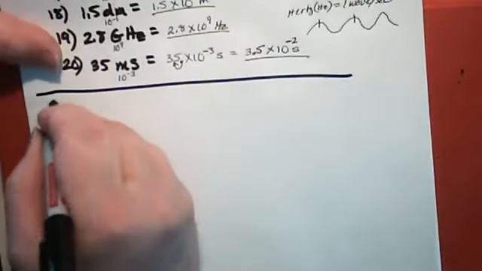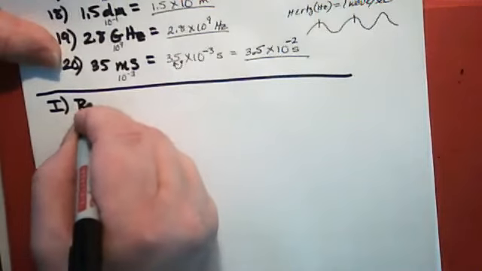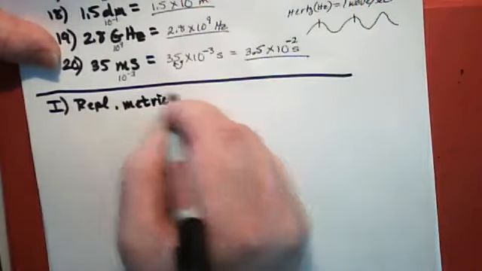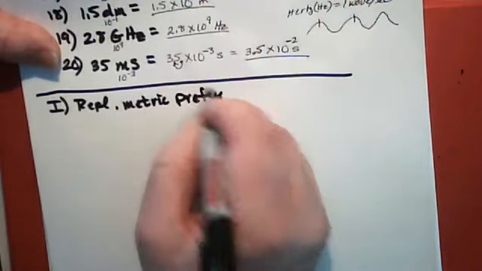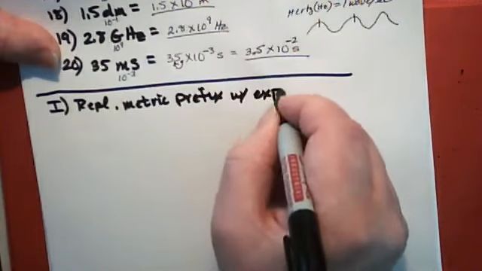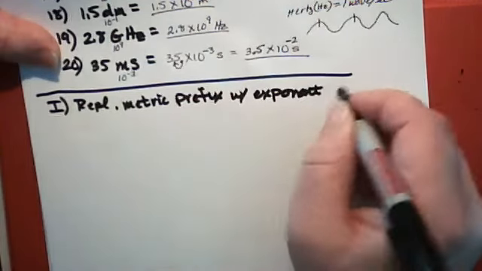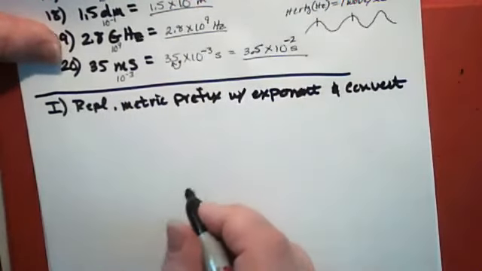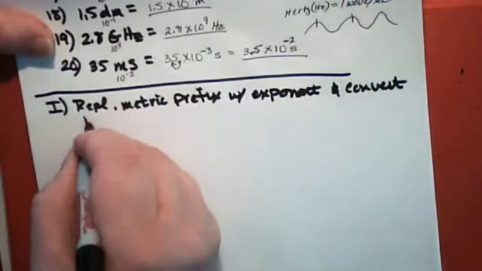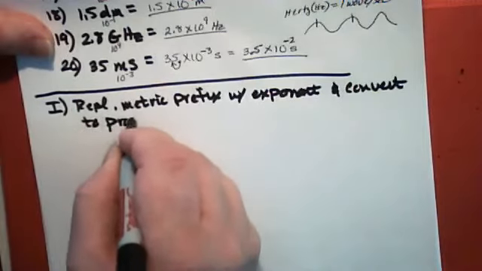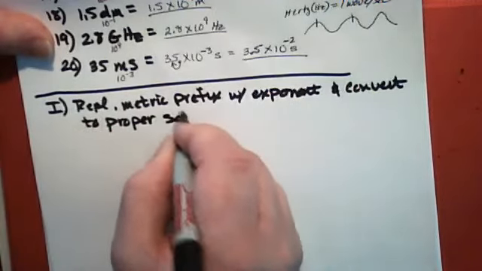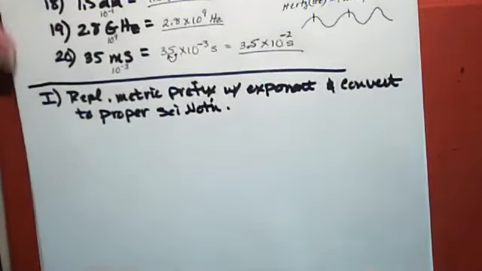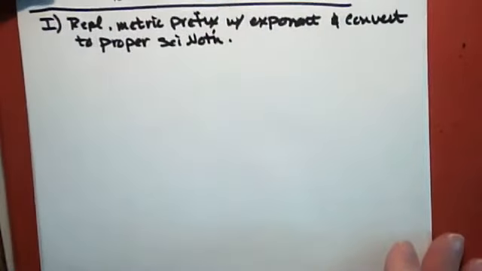The next one, Roman numeral 1: replace the metric prefix with an exponent. And if that's not in proper scientific notation, convert it to proper scientific notation. So we'll want to do that also.